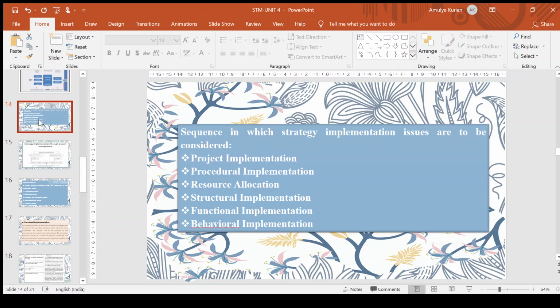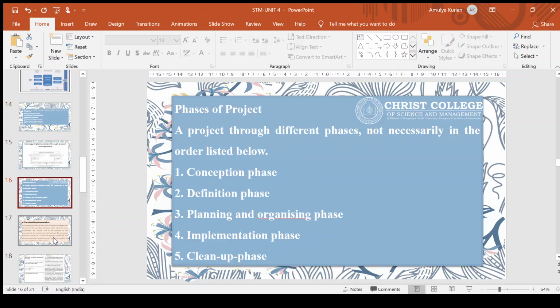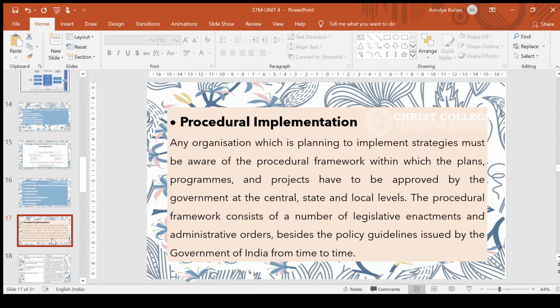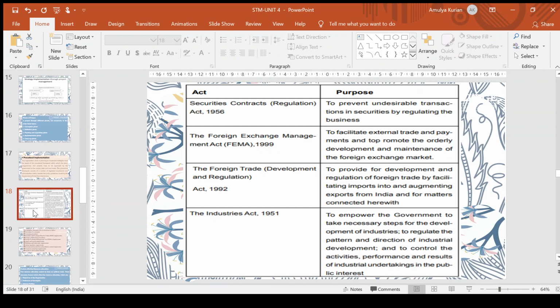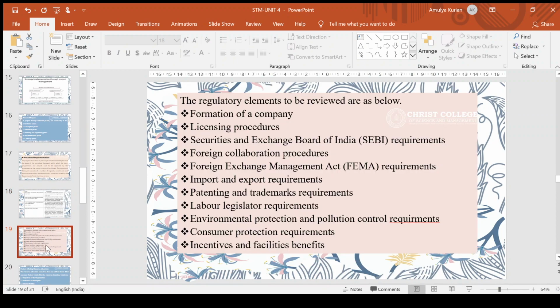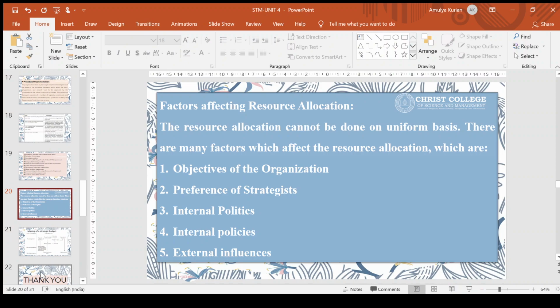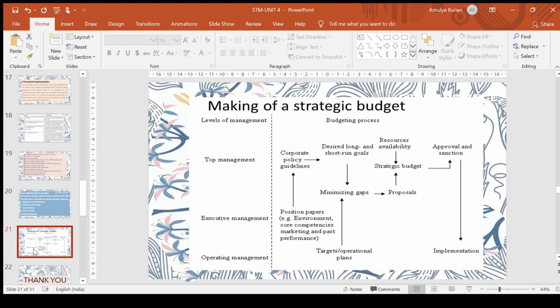In project implementation, we have seen the different phases of a project, the factors which will influence the phases of projects, and what is procedural implementation, the different acts we just glimpsed on, and then we have the factors which will affect the resource allocation, and finally strategic budget. So that's all about this module.